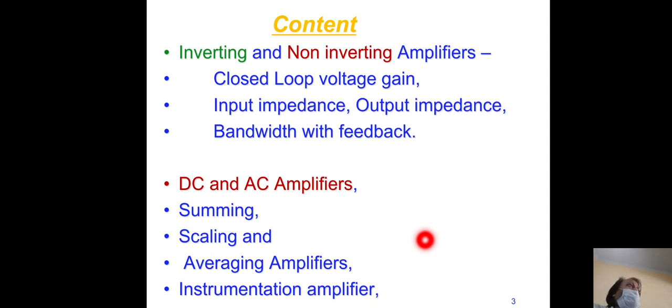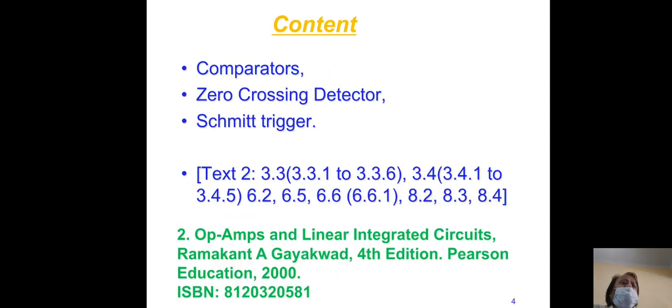Nowadays electronic instruments are available. You connect a sound box and switching to the electronic instruments, and you get the amplified output in the required tuned sound. So instrumentation amplifiers are also used nowadays for instrumentation.